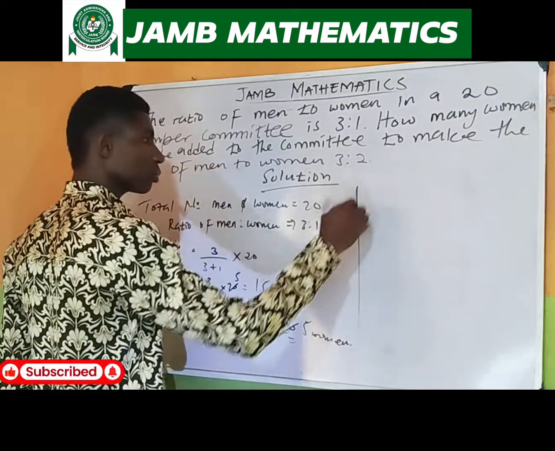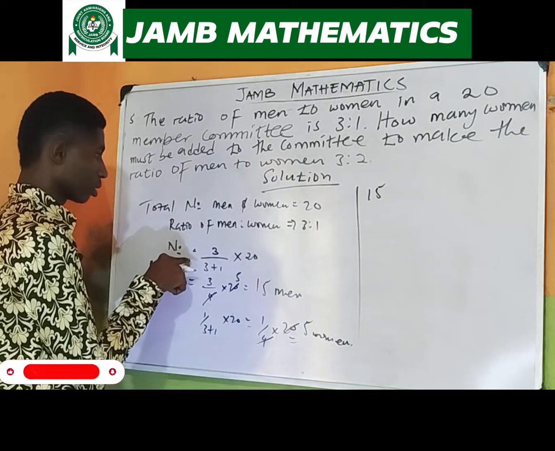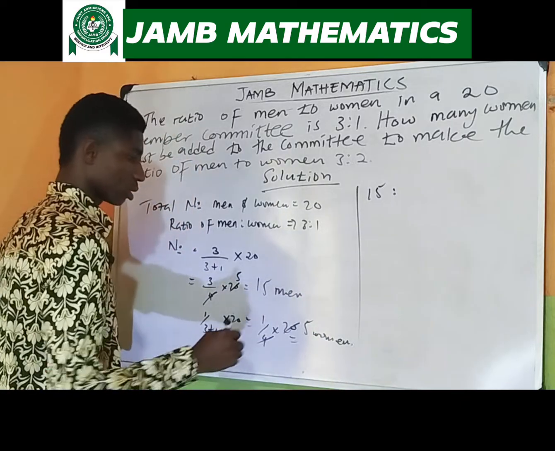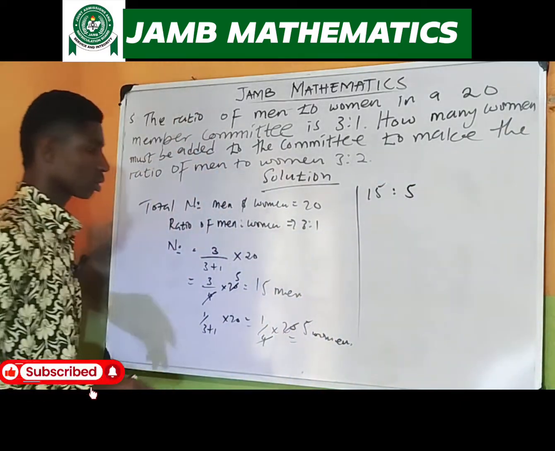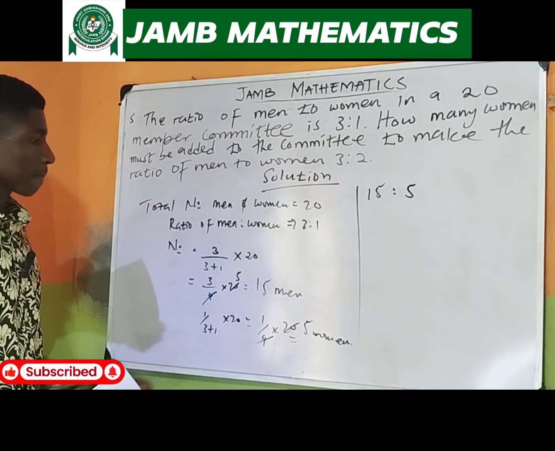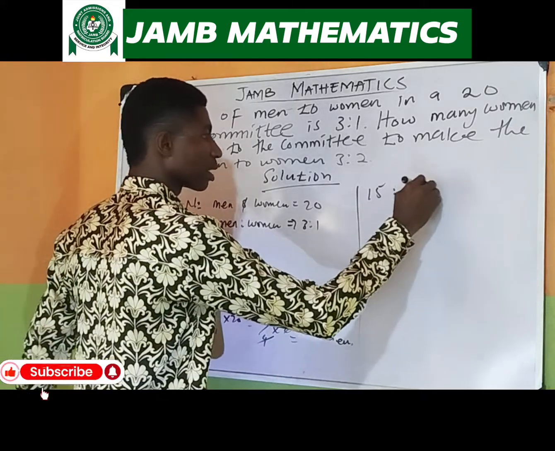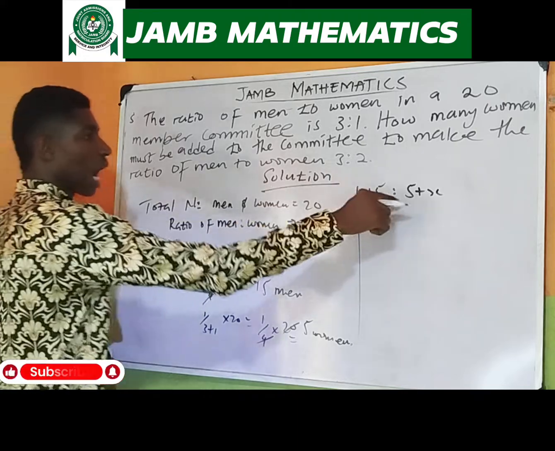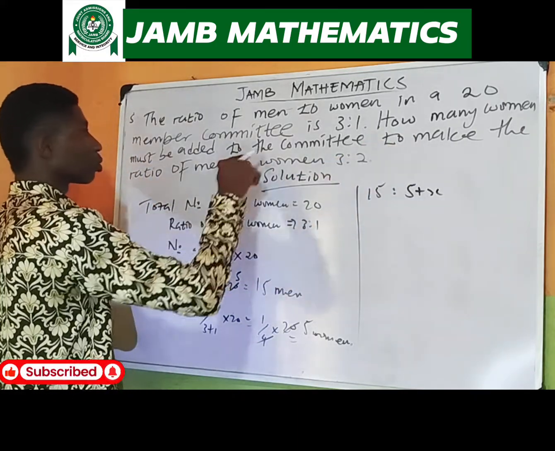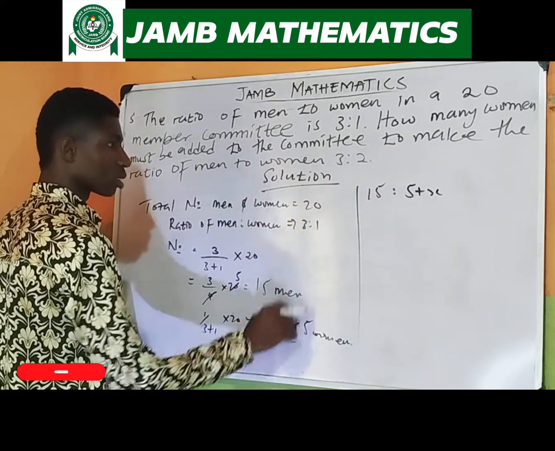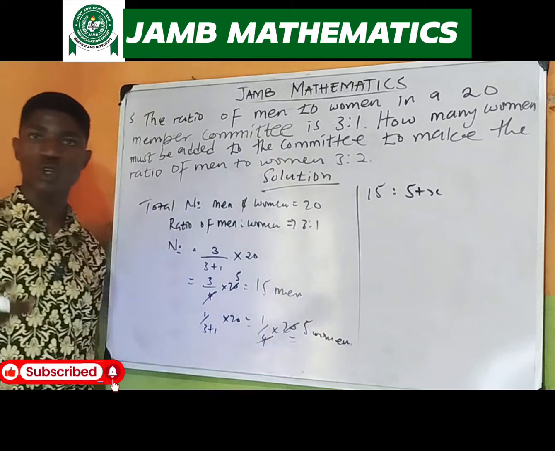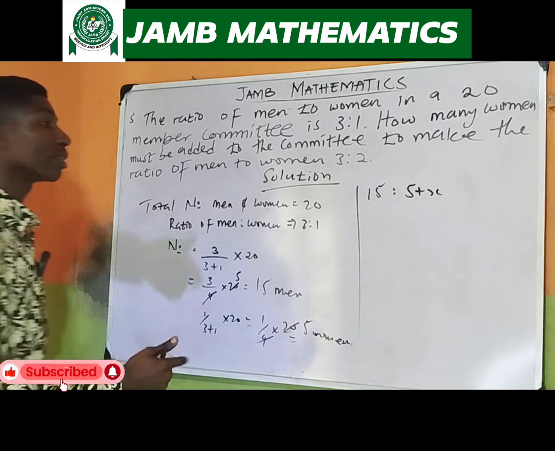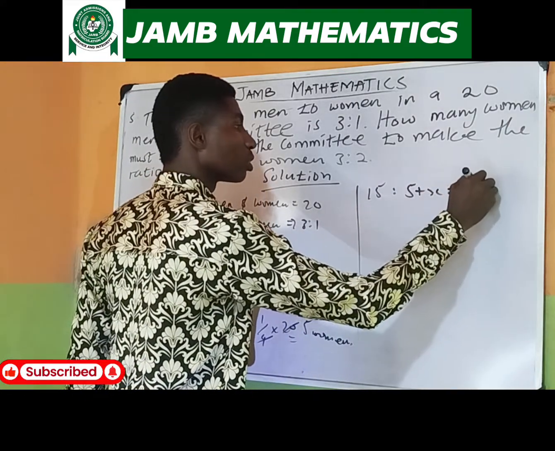So we have 15 men to 5 women now, plus what? X. How many women will be added to the committee? So let the number of women added to the committee be X. That will make the ratio of men to women 3:2.